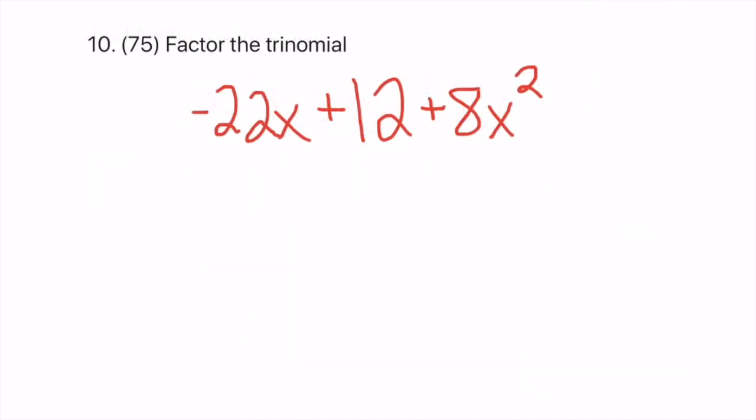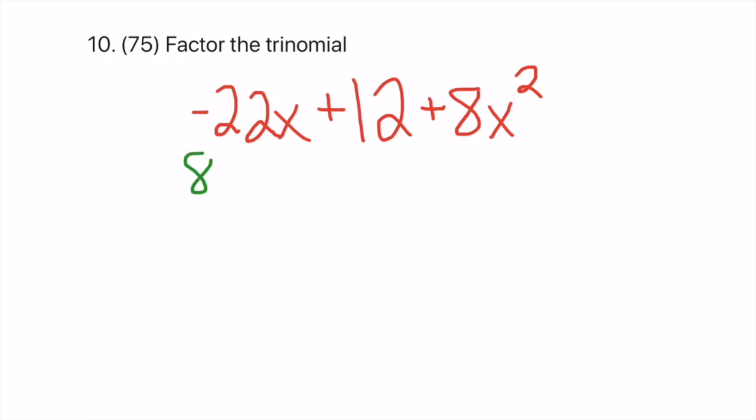Number 10, factor the trinomial. So looking at this, there are a couple things. One is it's not written in descending order, and two, they're all even numbers, so I know I can factor out a 2. So first thing I'm going to do is write it so it's in descending order.